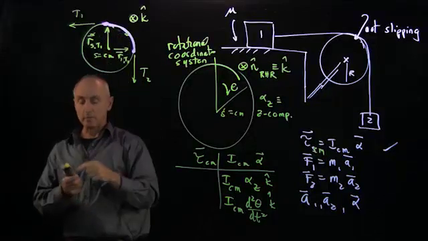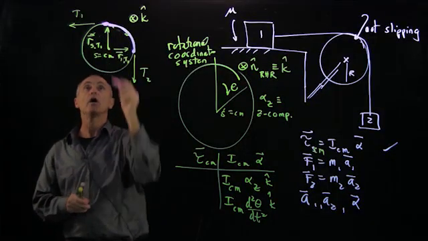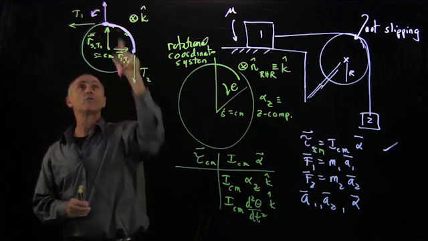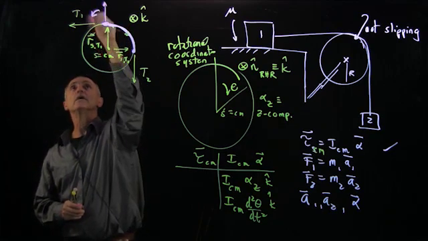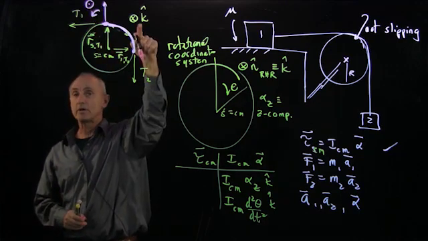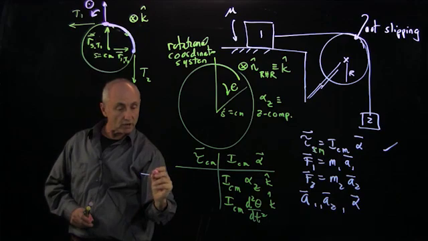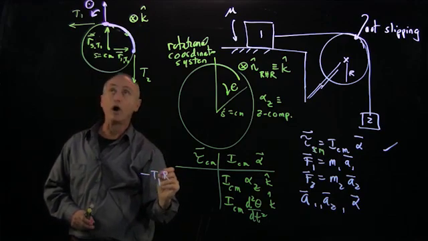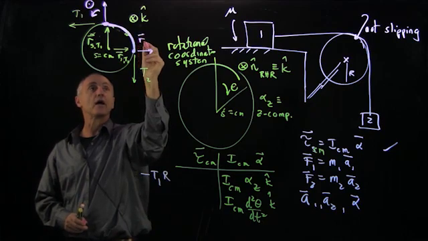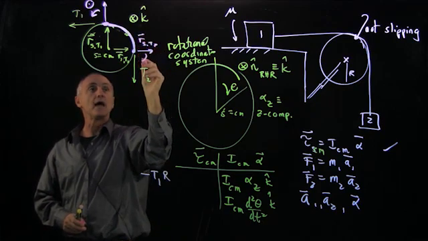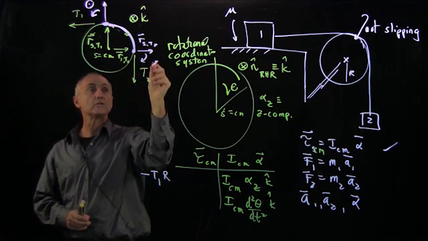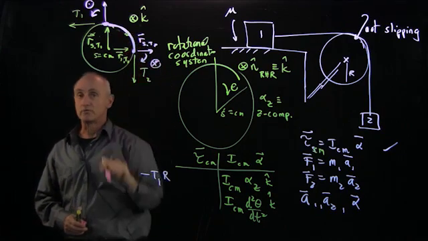And now, when we calculate the cross product of r_S and T, we put these two vectors tail to tail. And notice that this vector is giving us a torque out of the board. Our positive direction is into the board. So over here, we have minus T1 R. Whereas for T2, when we put these two vectors r_S,T2 and we calculate that torque, it is into the board, which is our positive direction.